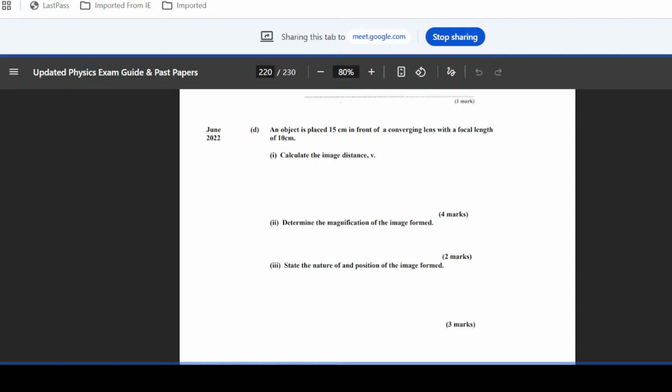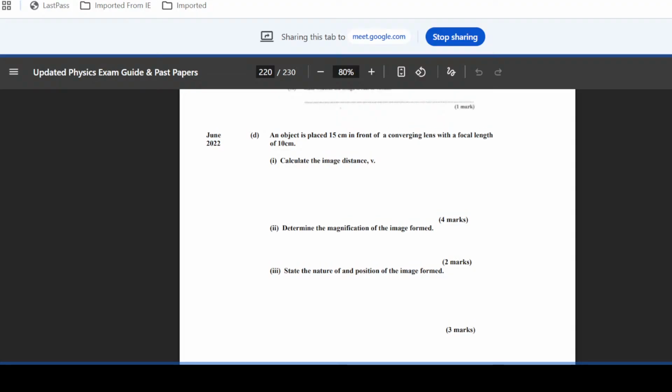I see 3 marks there. What's the nature, what's the position of the image formed? You already calculated one, so you know how the image is relative to the object.